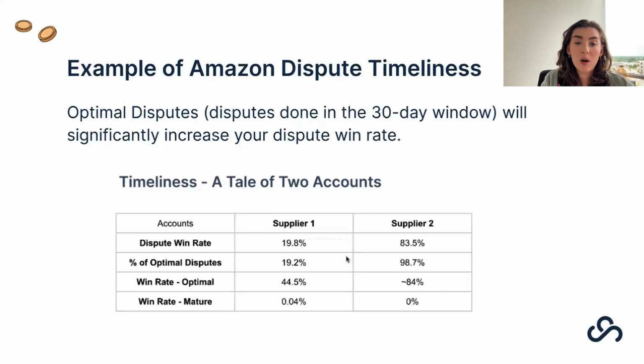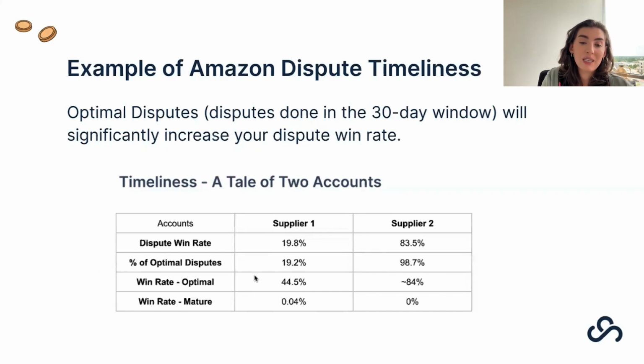With supplier 1, they're not really submitting that many optimal disputes. And you can see there's not a huge difference between those numbers. That's pretty key. With supplier 2, we saw that almost 100% of the disputes they were submitting were submitted in those 30 days.